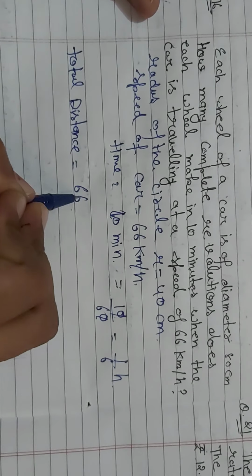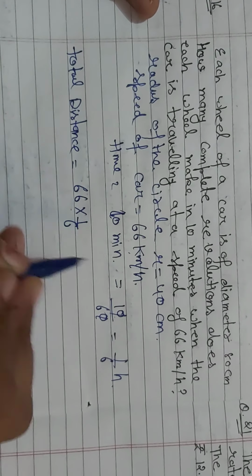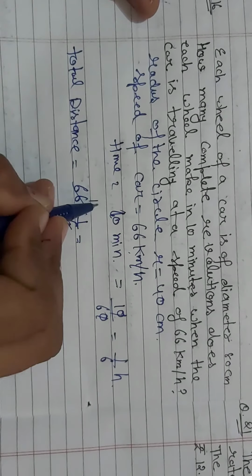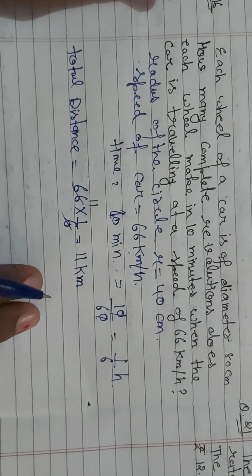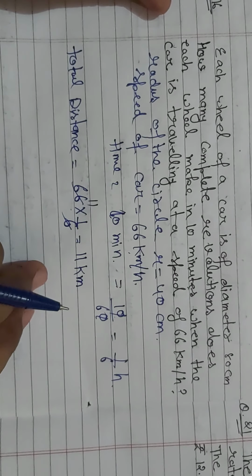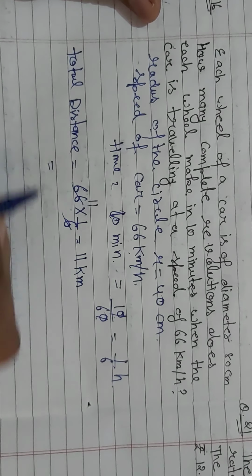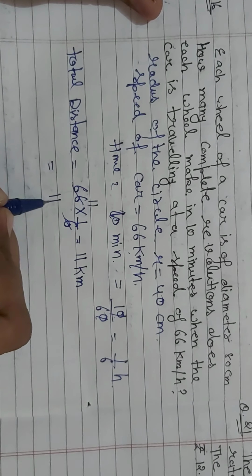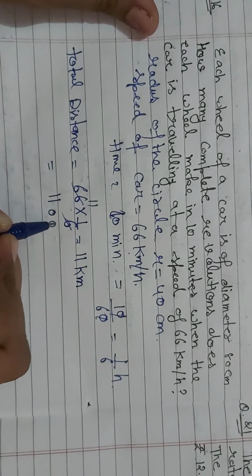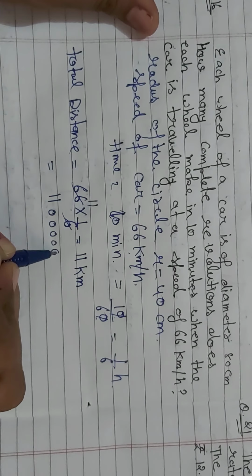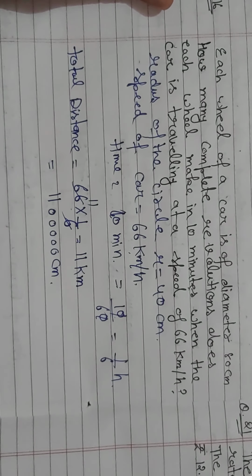Speed 66, time 1/6, and this is in kilometer, and this equals 11 kilometer. Okay, this is equal to 11 kilometer. If we change kilometer into centimeter, then 11 kilometer into centimeter: total zeros, 1 2 3 4 5. Okay, there are 5 zeros and this is in centimeter.